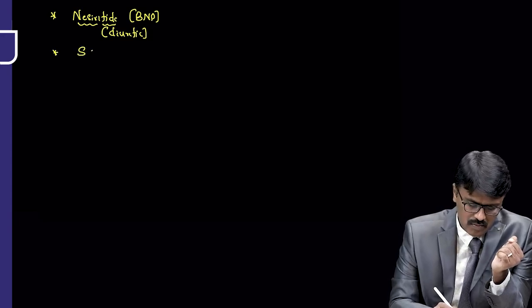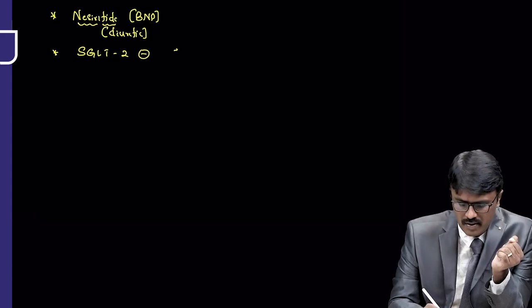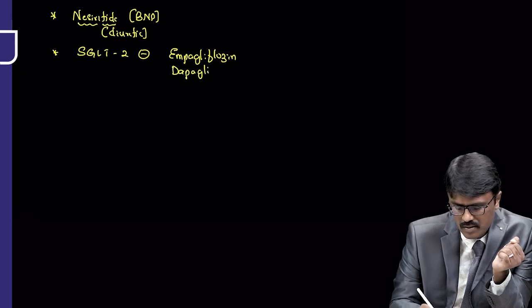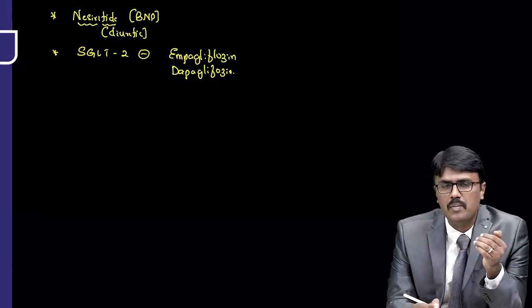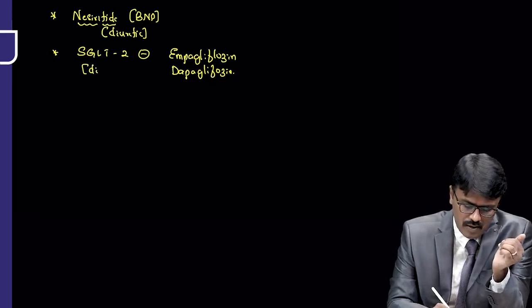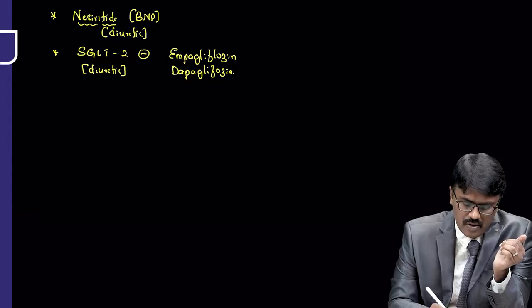Even the sodium glucose transporter 2 inhibitor, SGLT2 inhibitor, I'll give an example, empagliflozin, dapagliflozin. Now they are losing sodium as well as glucose. So by losing sodium and glucose, they act as diuretics. So these also have diuretic action, but this is for your additional information.